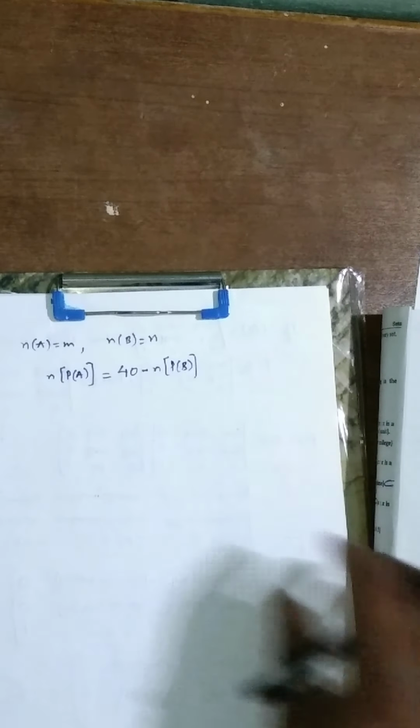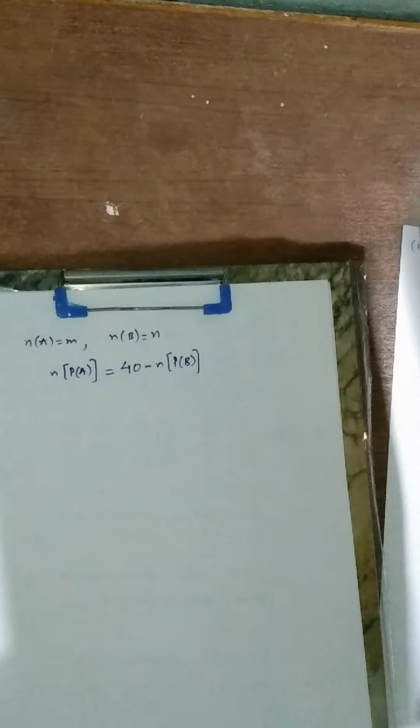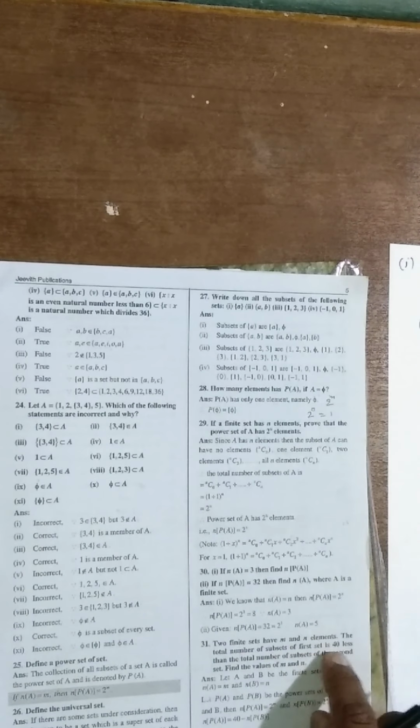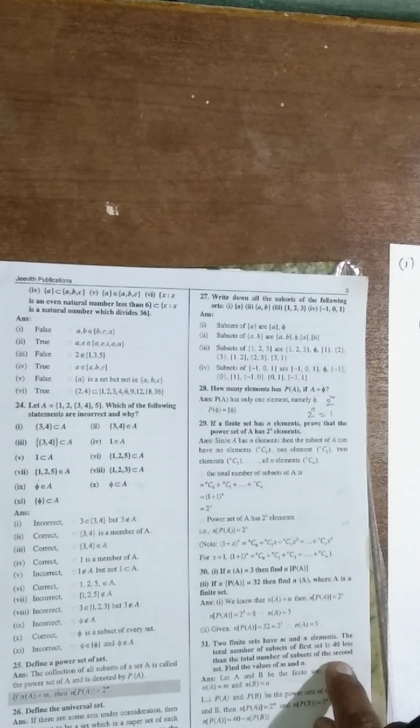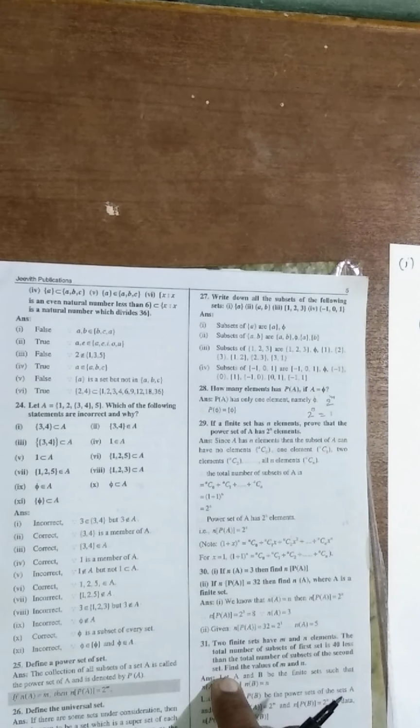We transformed the words into an equation. What are the words given? The total number of subsets of the first set is 40 less than the total number of subsets of the second set. This was given, right?